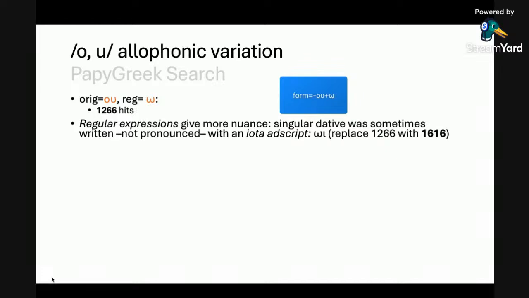We can then use regular expressions to give more nuance to the search. Singular dative forms were sometimes written with an iota adscript, so an additional iota added there, but it was not pronounced. Then we get more hits from this search.